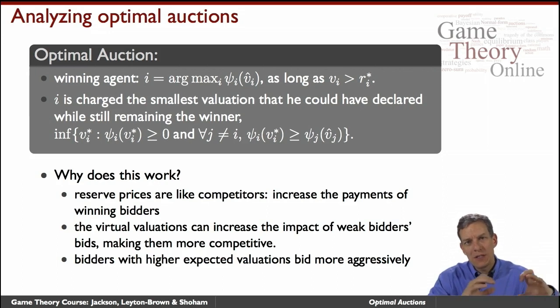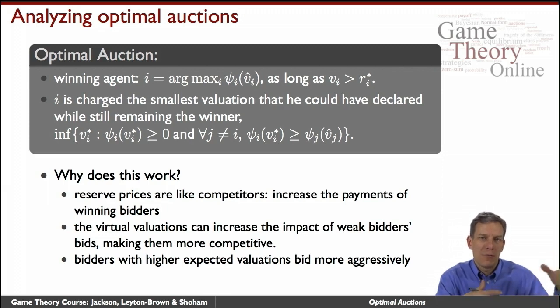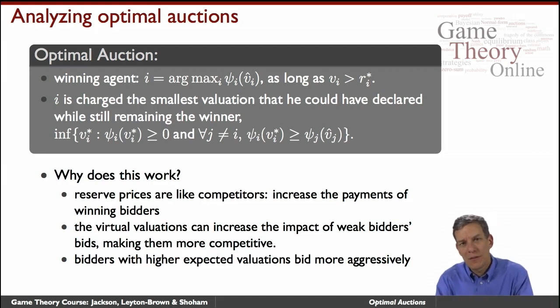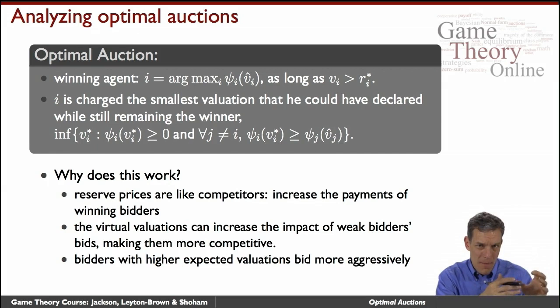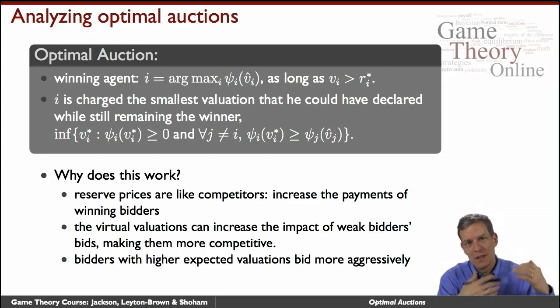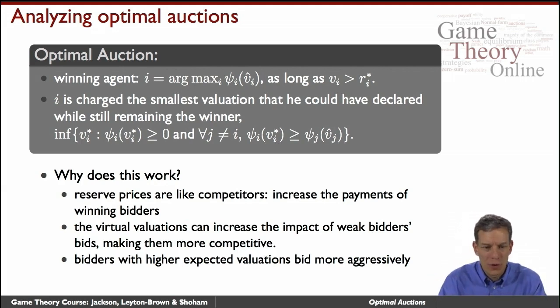So by changing things relative to these virtual valuations, that can make weak bidders be more competitive with strong bidders. Now that has a plus and a minus to it. One is that sometimes you end up selling it for a lower price than you would otherwise to the lower bidder. But other times it actually inflates. It means that the higher bidder has to end up paying a higher price, and it effectively increases the competition there and in some sense makes the bidding more aggressive.